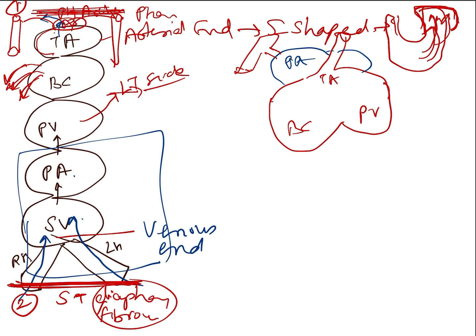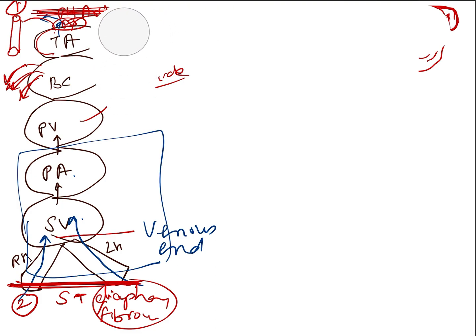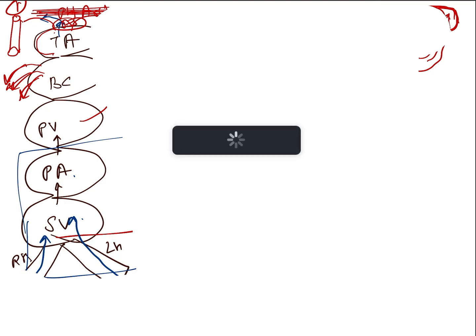Now what is the fate of these 5 parts? I have explained the fate of these 5 parts in detail in my previous lecture on heart embryology, but let's revise it fast.